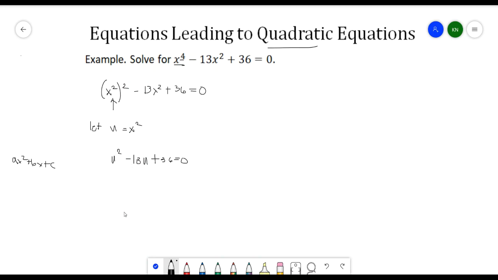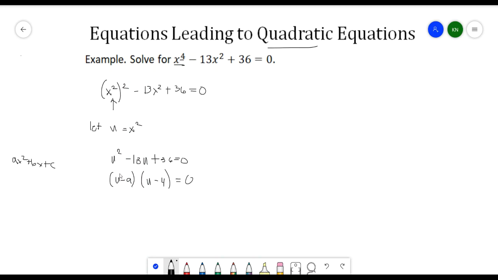Now after you get this one, you need to find the factors, since we can already factor this one. If you try to solve that on your own, the factors are u minus 9 and u minus 4. You can try to calculate that from your calculator.